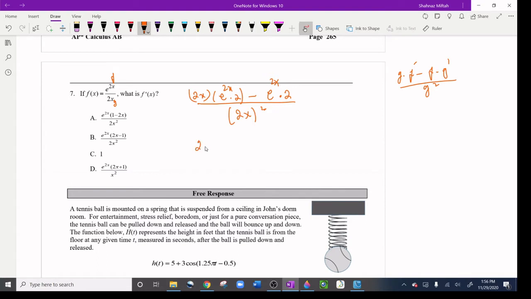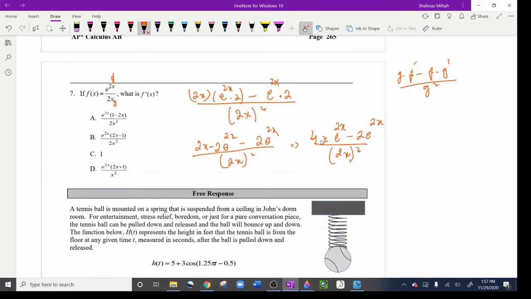I can do 2x times 2e^2x minus 2e^2x over 2x whole squared. So 2 times 2 is 4. So this is going to give me 4x e^2x minus 2e^2x over 2x whole squared.